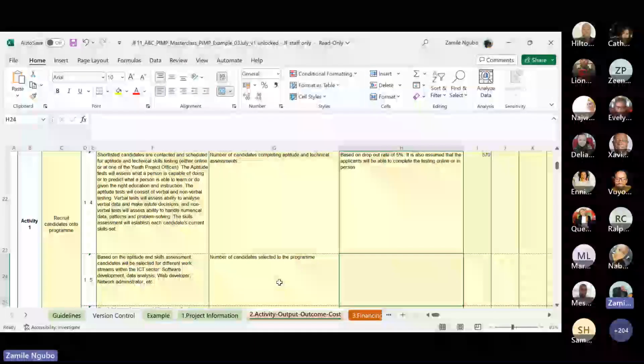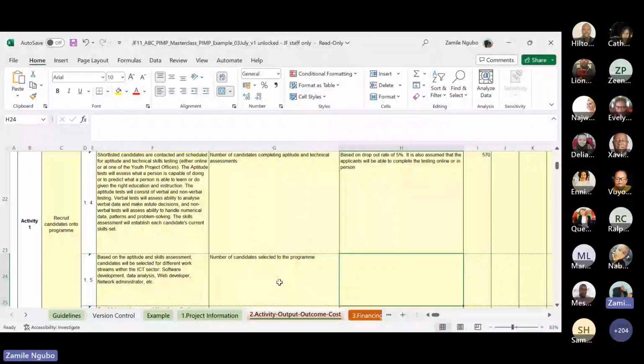So we are assuming that candidates will pass the aptitude or meet the requirements of the aptitude and be enrolled into the program.